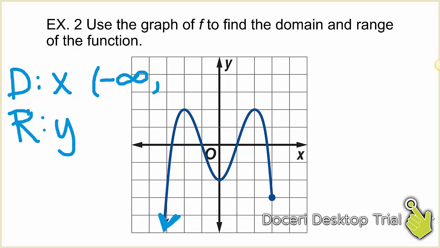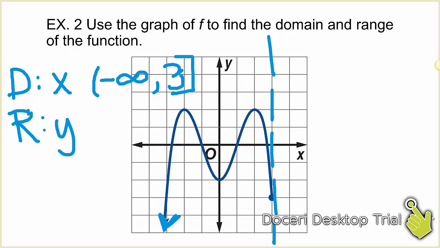And then I can see that this graph actually stops over here on the right hand side because it has that point instead of an arrow, and that's at 3. So it goes from negative infinity to 3, and since it actually equals 3, that's where we're going to use the bracket. Okay, so this is that interval notation that we learned about in section 1.